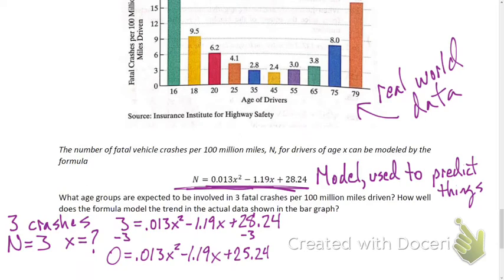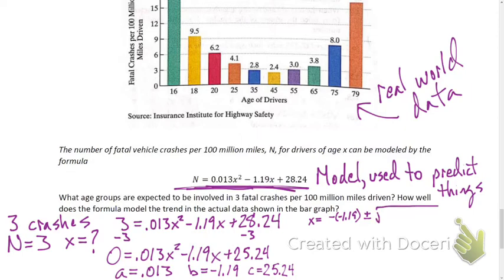Now we know what A, B, and C are. I know A is 0.13. I know B is negative 1.19. And I know C is 2524. And I can plug into the quadratic formula. So let's solve for x. Maybe hit pause. See if you can plug it in correctly to the quadratic formula. You really need a calculator for this one.